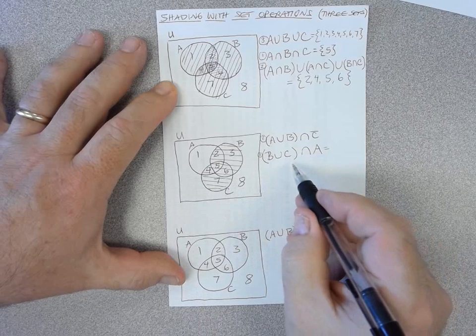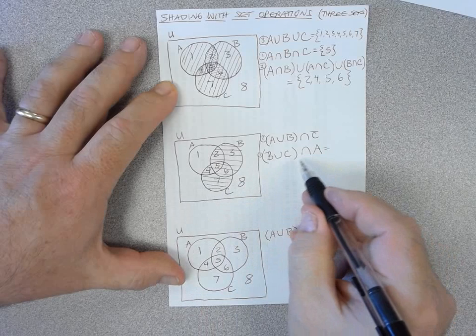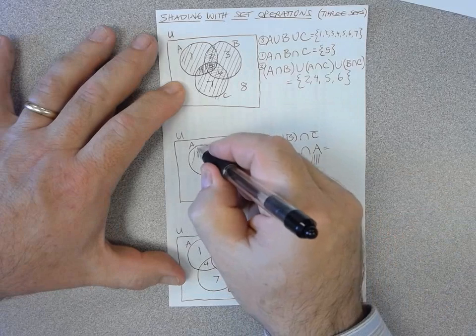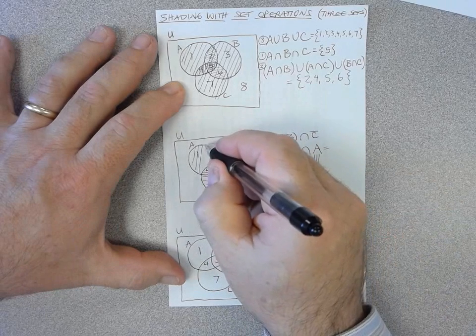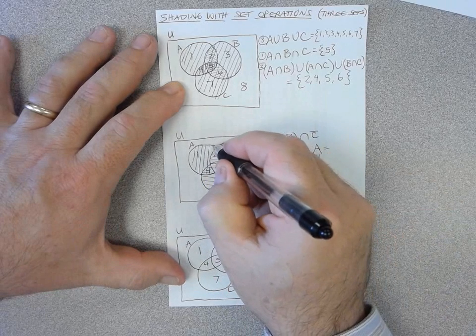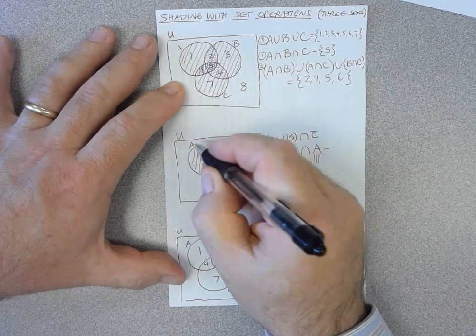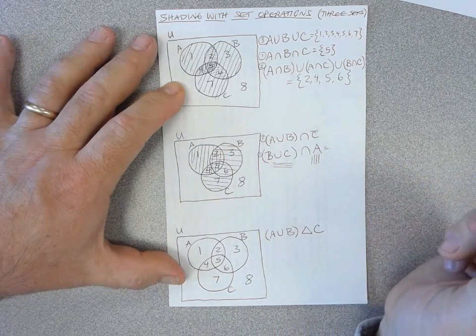That's B union C, and then intersecting for A this way. Shading, if you want to shade with daisies and hearts, that's entirely up to you, but just try to keep it simple.